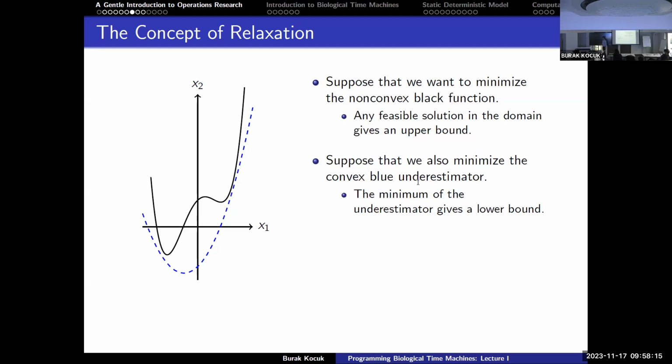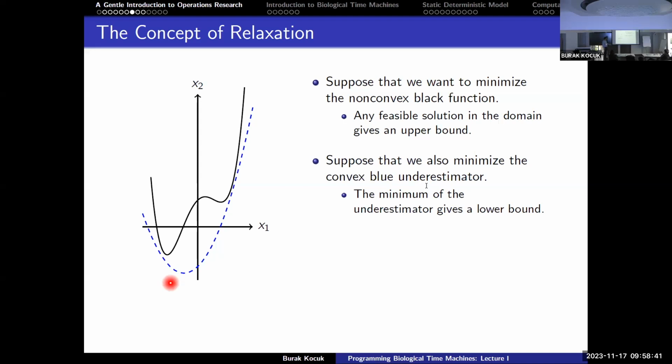What is the nice structure of the blue function? It is convex, so it looks upwards everywhere. And what's nice about convex functions is that they are typically easy to minimize, so you can find their global minimums. You cannot always just take derivatives, so it's not that easy, but there are systematic ways to find the minimum of this function.